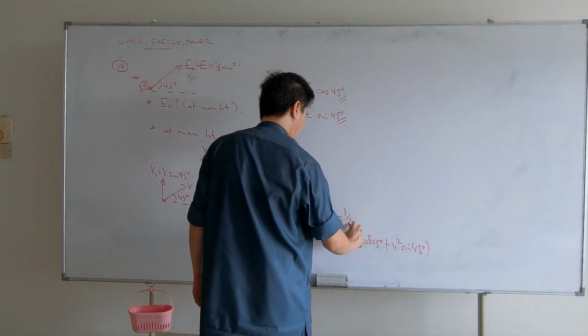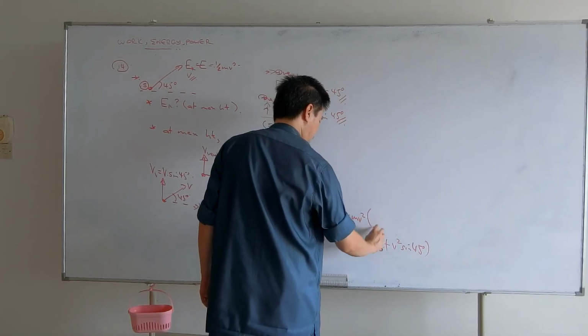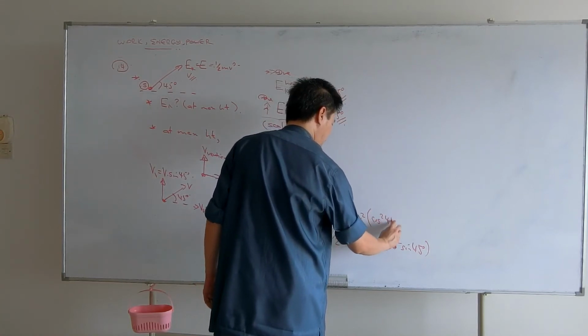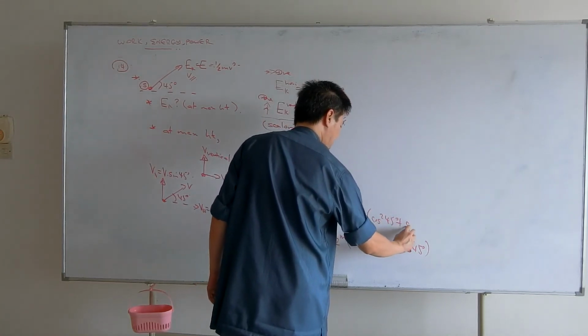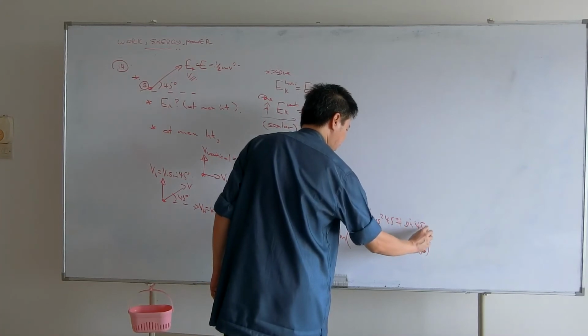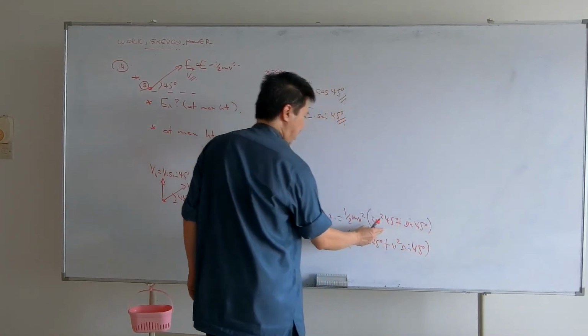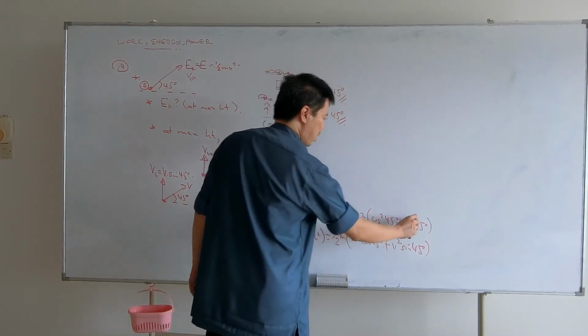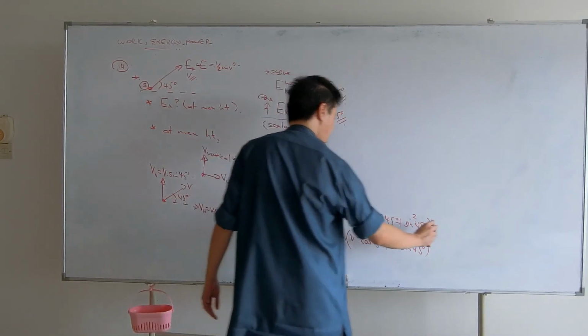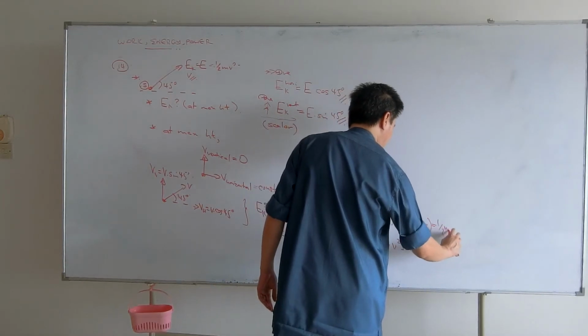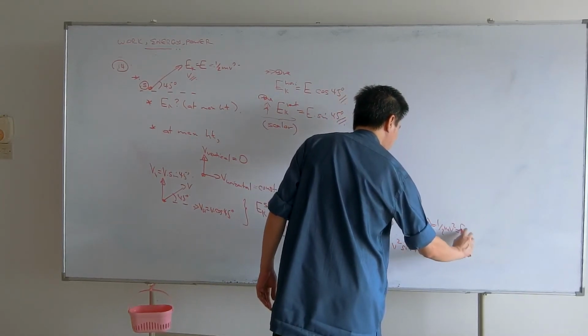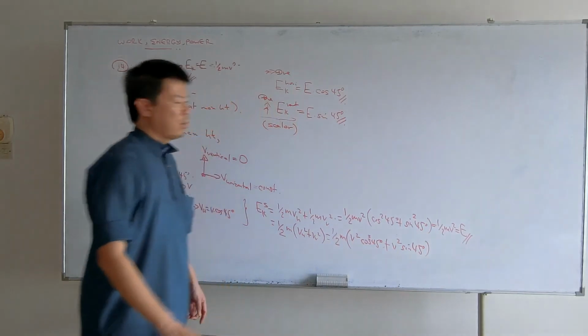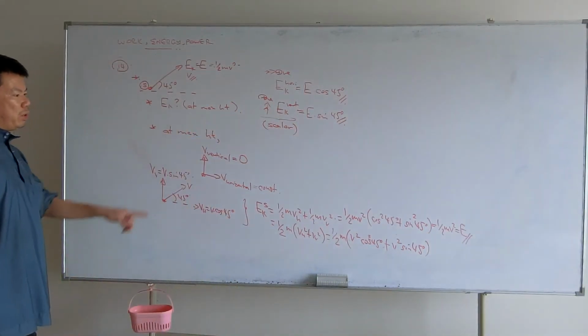So this is just half mv squared times cos squared 45 degrees plus sine squared 45 degrees. Sine squared theta plus cos squared theta is equal to 1. Therefore, we got half mv squared is equal to E. Okay, so now we know that it's true.